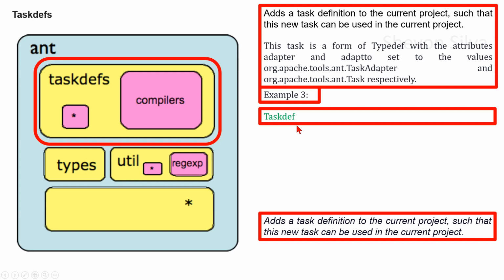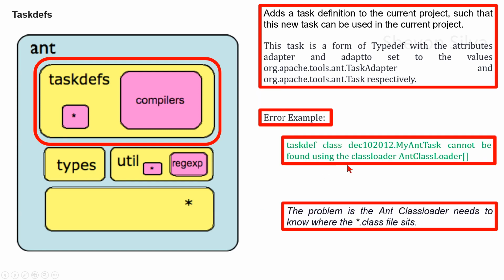As an error example, we can consider this taskdef class, Dec 10 2012, MyAntTask cannot be found using the class loader. One problem here is that the Ant class loader needs to know where the .class file sits.